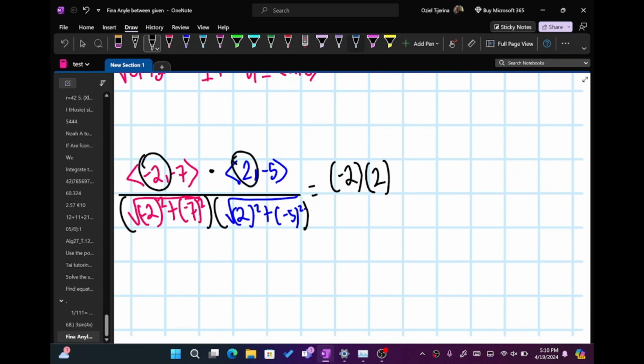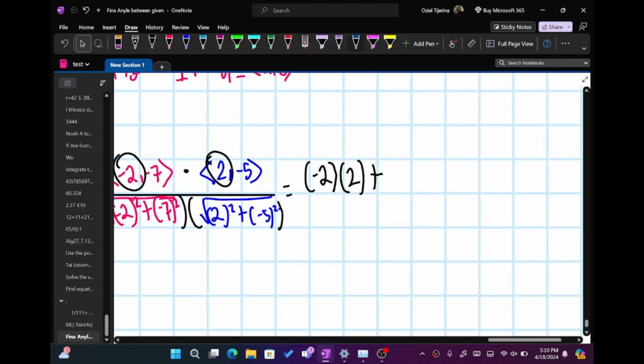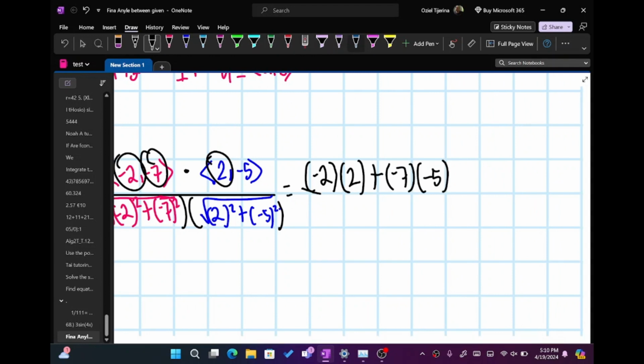So this times this, plus -7 times -5. So you really want to understand dot product, guys. You really want to understand dot product.